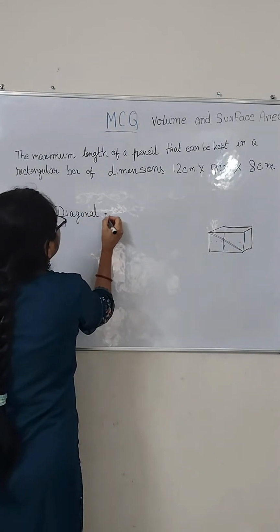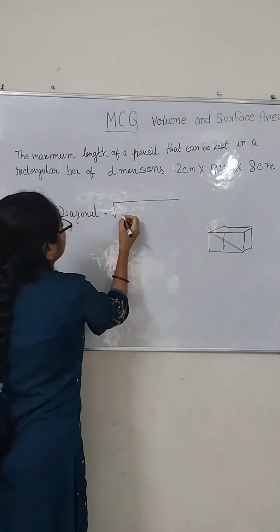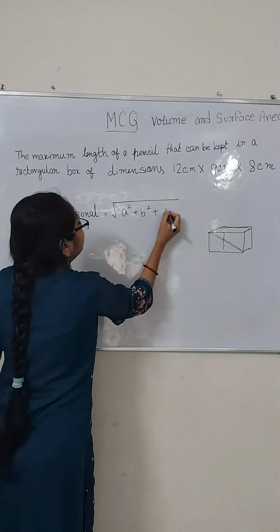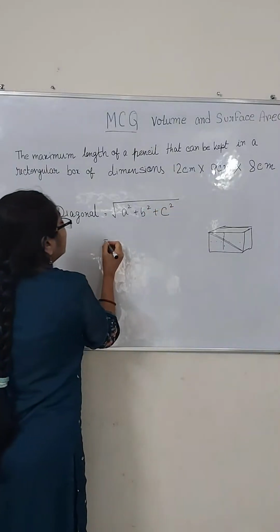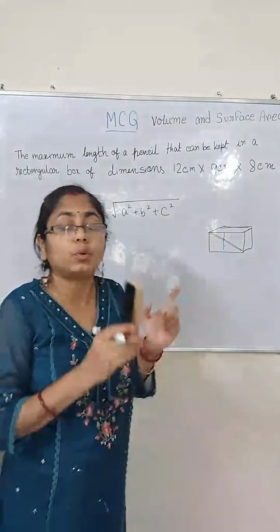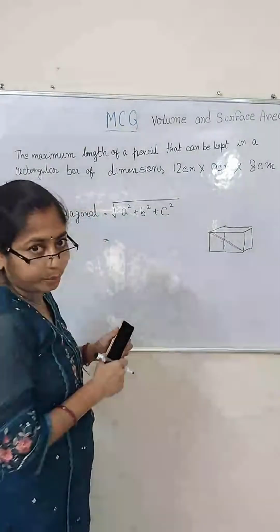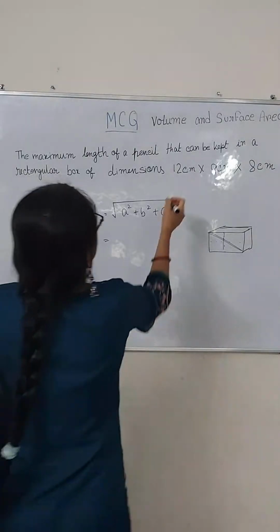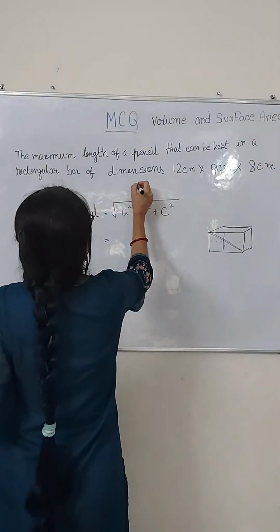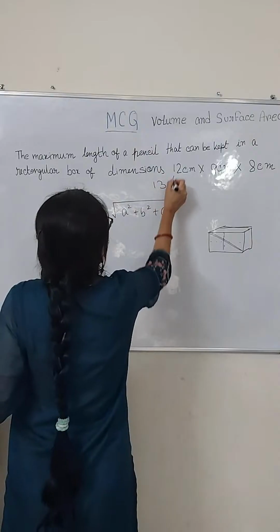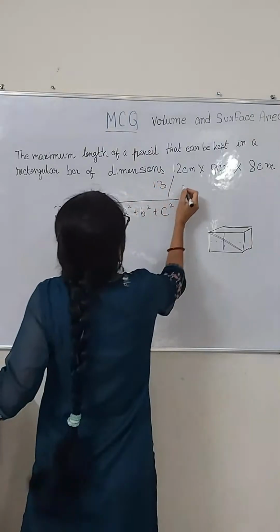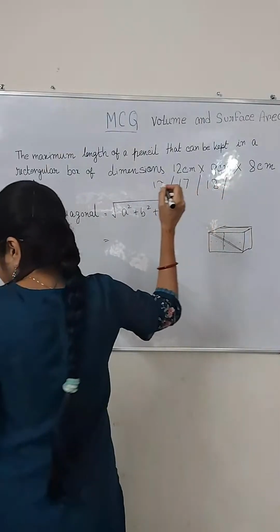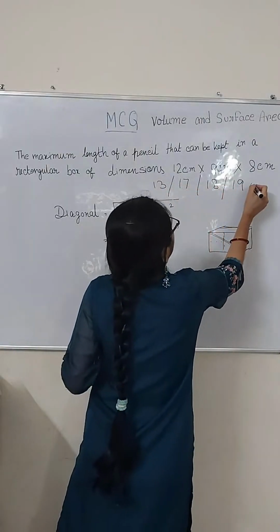Diagonal equal to root over a square plus b square plus c square. Okay, now you put the values. I give the options, if you want: 13, 17, 18 and 19 centimeter.